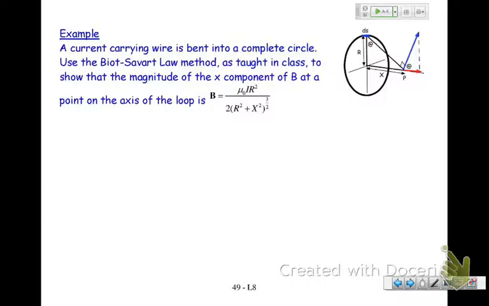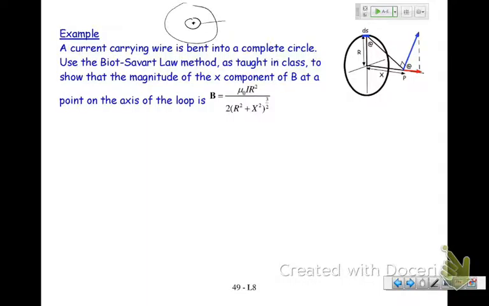In this case, we have a circle of current, and a little ds that I'm interested in, and that creates a magnetic field. Remember that if that's my current through this wire, I cut the wire in two and look at the end of it, my magnetic field goes like that.